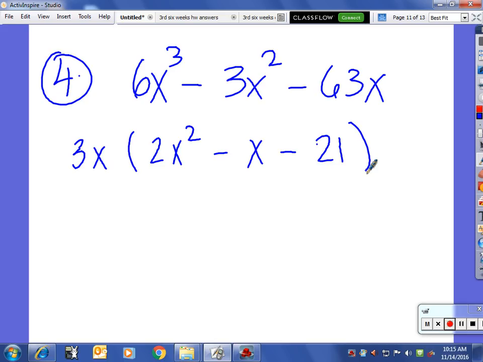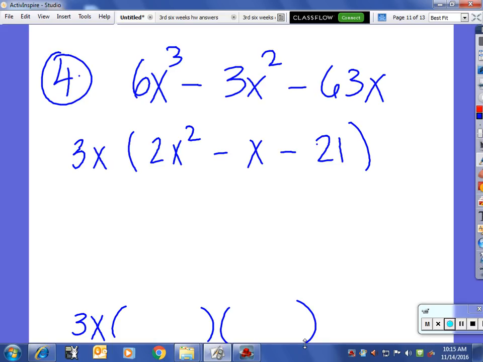Alright, after you take out that 3x, just pretend like the problem started out as 2x squared minus x minus 21 and factor like normal. Just make sure you don't lose that 3x. It's part of your final answer. So make sure it's included in your final answer.